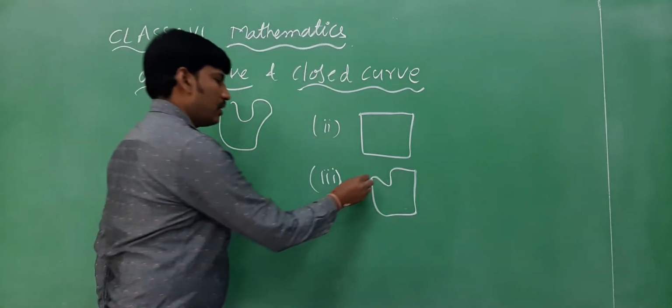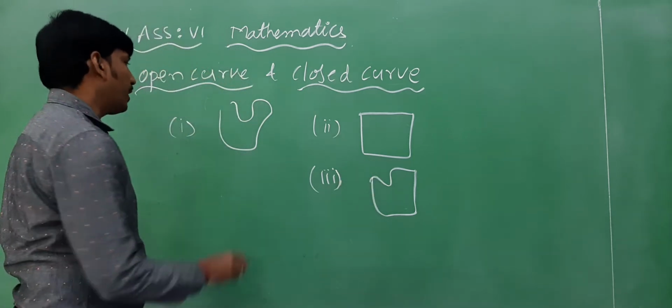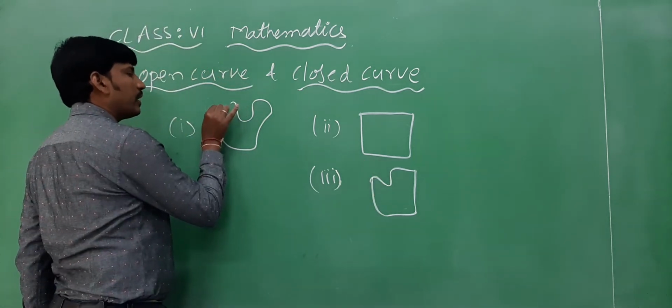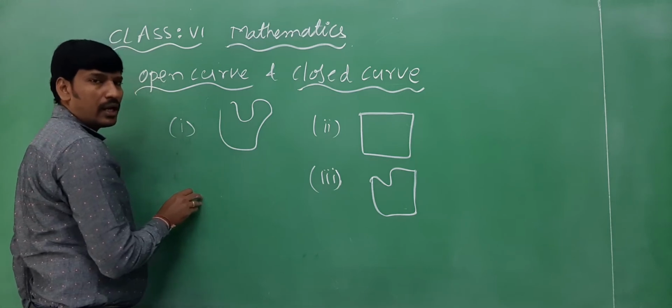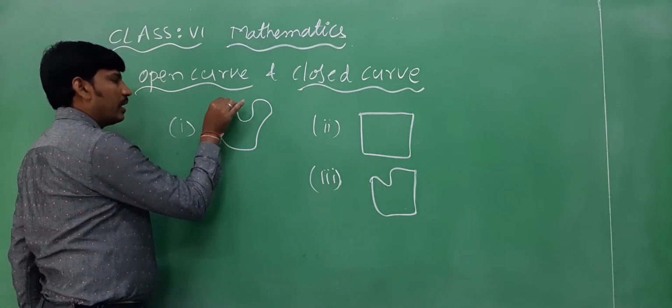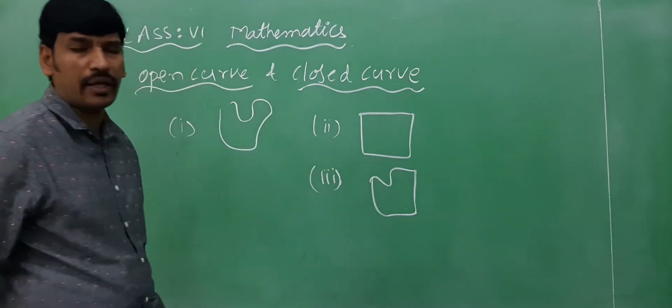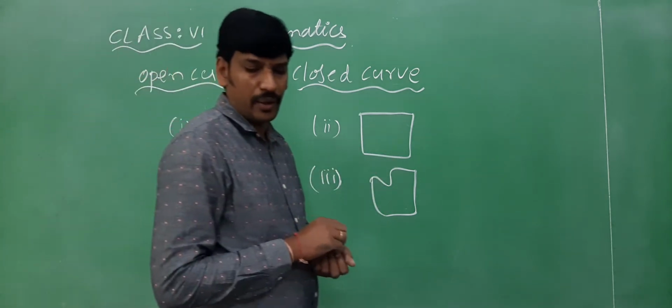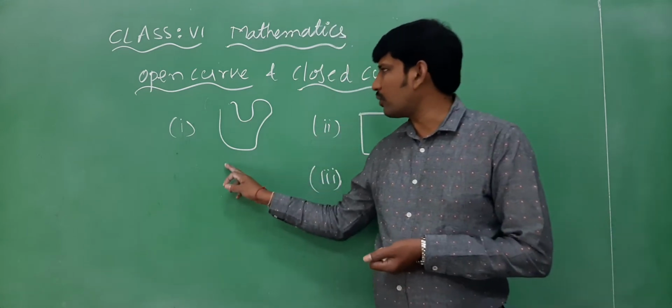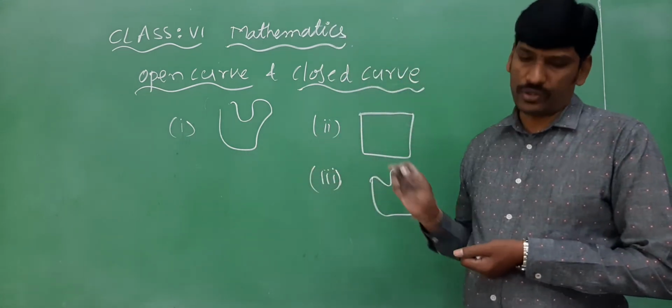See here, if you observe, in the open curve, the ends never touch, some place here is open. But in these two figures, both are closed only. Clear children? So this is called an open curve. This is called a closed curve.